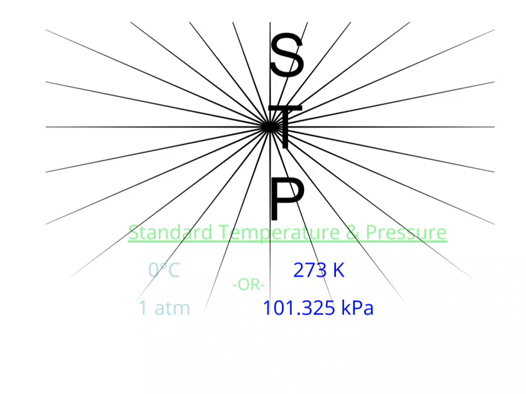So, standard temperature and pressure, STP. So, standard temperature is 0 degrees Celsius, which is 273 degrees Kelvin, which I'm going to show you what the Kelvin scale looks like here momentarily. Standard pressure is 1 atmosphere, which is 101.325 kilopascals. So, you'll need to be aware that this is your standard temp.